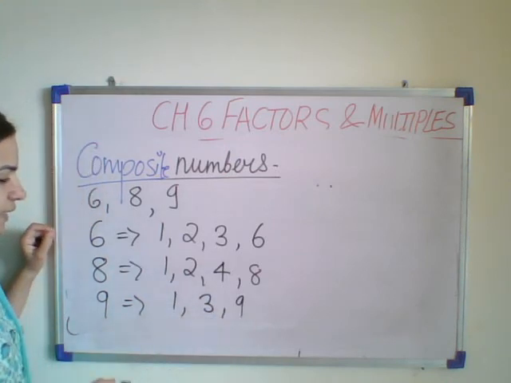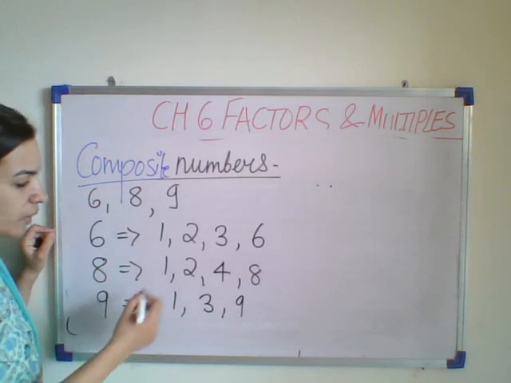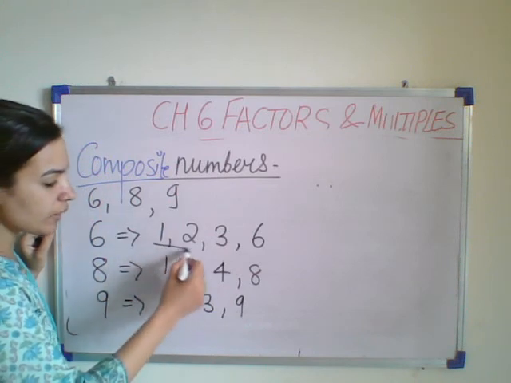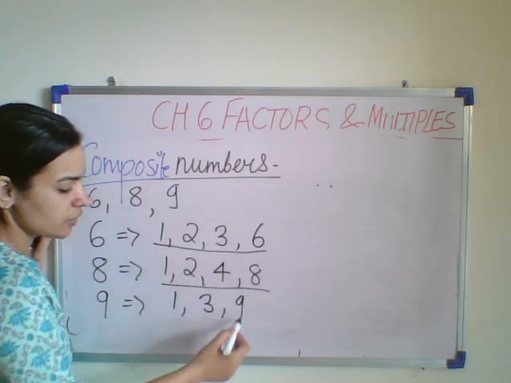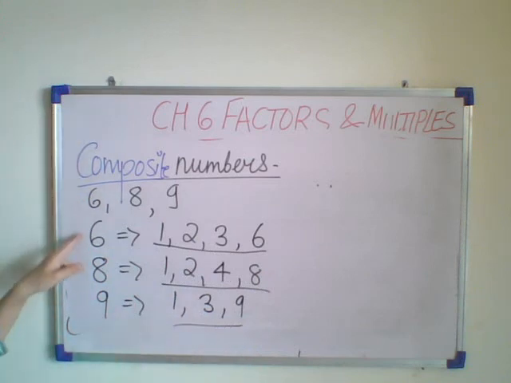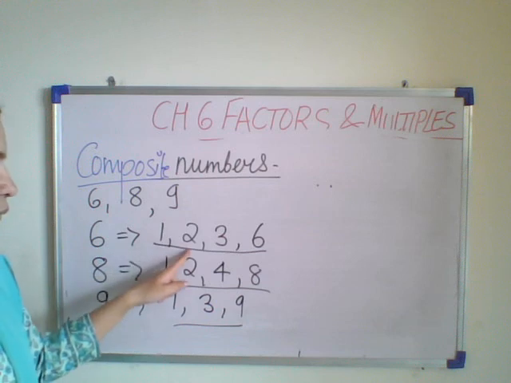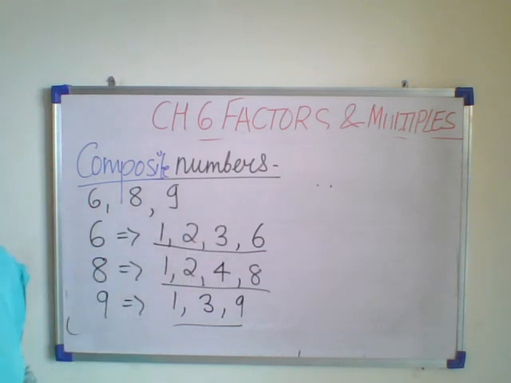So in this we can see that these three natural numbers have more than two factors. So any natural number which has more than two factors is called a composite number.